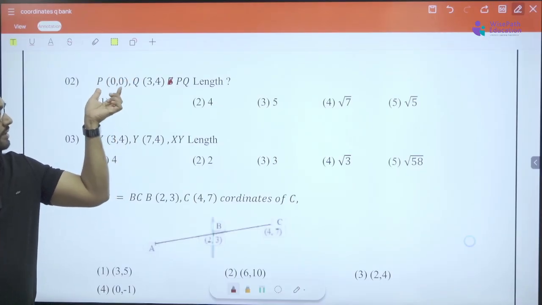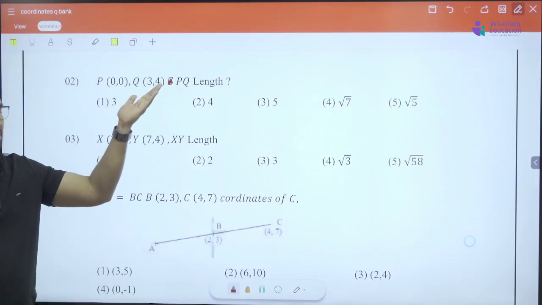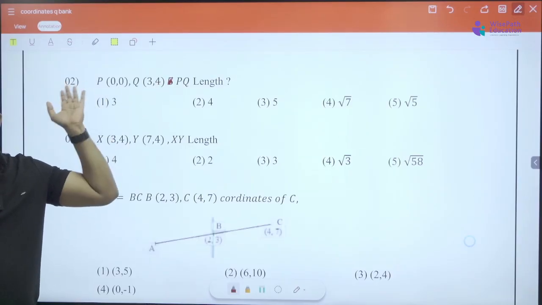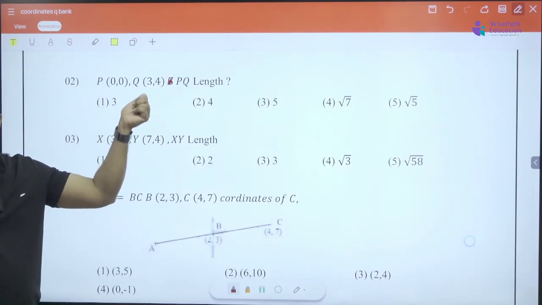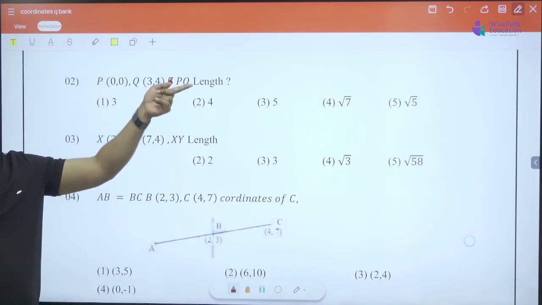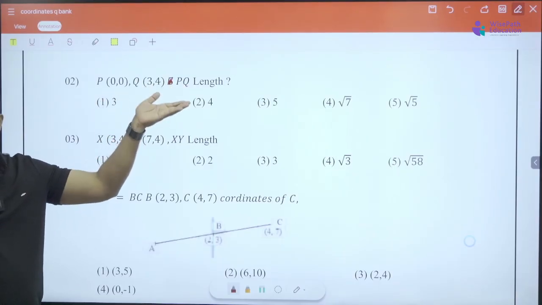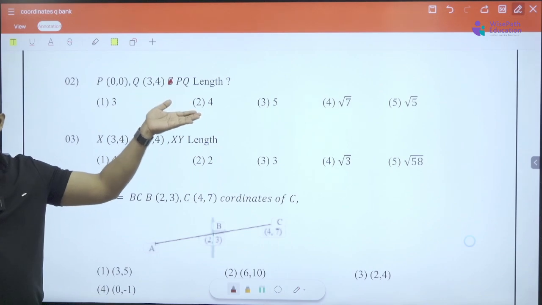And since the 0 has no value, you take the 3 and 4. You can directly say, looking at this now, how? Because you take 3 squared plus 4 squared and the square root of it. It's a Pythagoras triplet, isn't it? 3, 4.